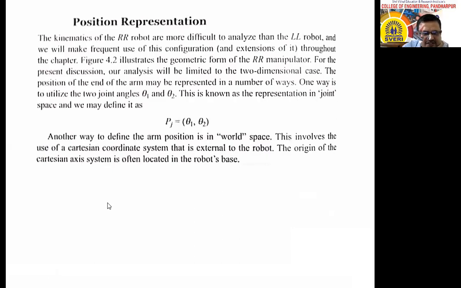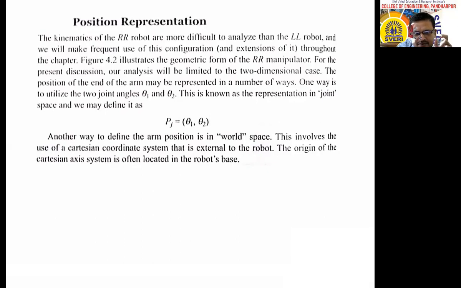Now, next is position representation. The kinematics of the RR robot are difficult. RR means rotation. RR robots are more difficult to analyze than LL robots. LL robot means, where we have already seen different types of robots: Cartesian robot, polar robot, spherical robot, SCARA robot, delta robot.